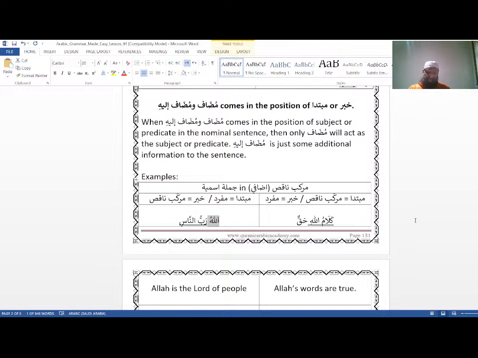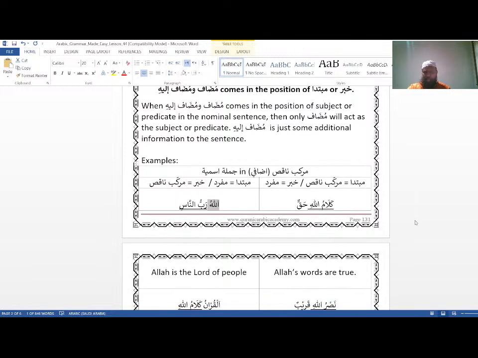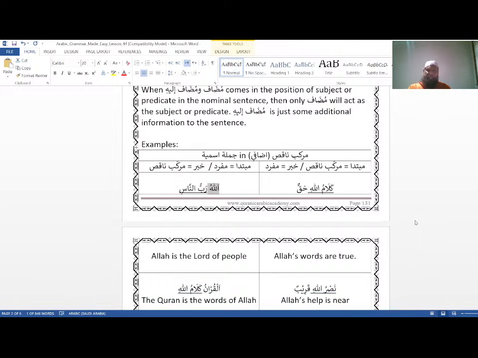Allah's words are true. Another example, Nasrullahi, Allah's help, qaribun, is near. So here mubtada is murakkab naqis, khabar is mufrad.